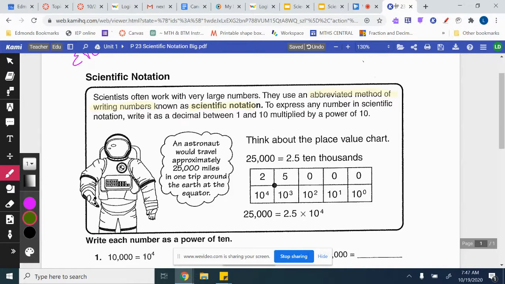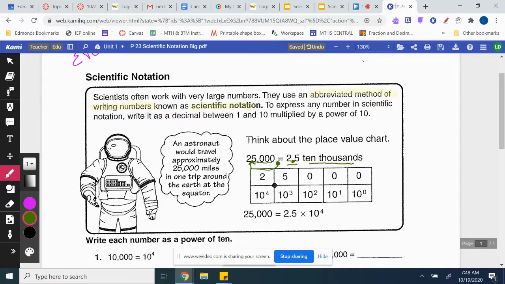So if we look at the number 25,000 and write it and move our decimal from here all the way to right there. And so here's our new decimal. And then we add the word 10 thousand, 2.5 ten thousand. And so we didn't really change anything. We're just saying, yeah, this is 2.5 ten thousand.